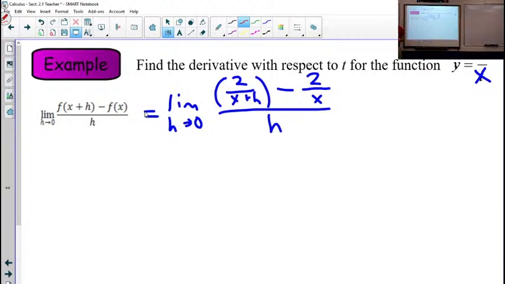That is a fraction and a fraction. We don't like a fraction and a fraction. So we need to multiply to get rid of the fraction and a fraction on top and bottom. What do I need to multiply to get rid of this fraction? To cancel out with the bottom here, I would need x plus h. To cancel out with the bottom here, what do I need to multiply by? Just x. So we're going to multiply by x plus h and by x on top and bottom.